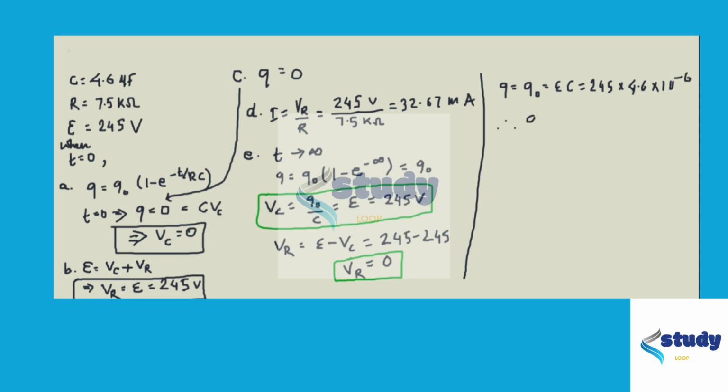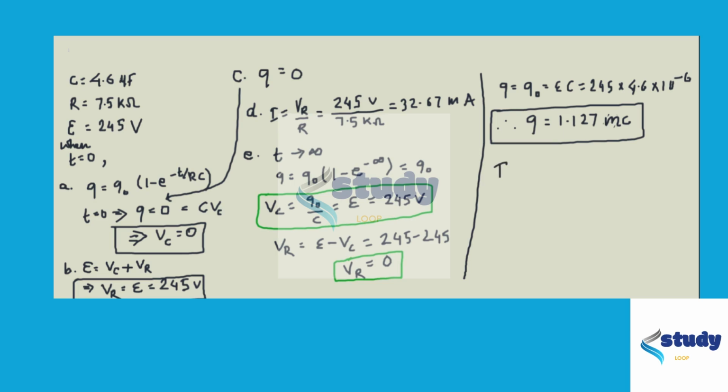Therefore, Q equals 1.127 millicoulomb. Sorry, I missed this earlier, this is millicoulomb. Okay, so we are done with this as well.